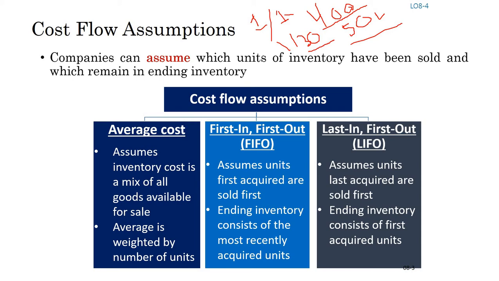First in, first out, FIFO, assumes units first acquired are sold first, so ending inventory consists of the most recently acquired units. Last in, first out, LIFO, assumes units last acquired are sold first, and ending inventory consists of first acquired units.